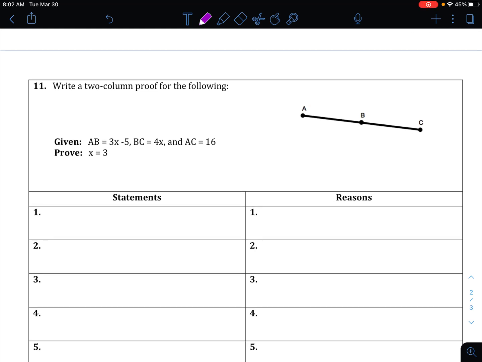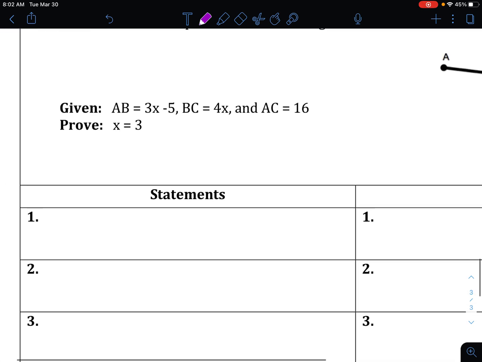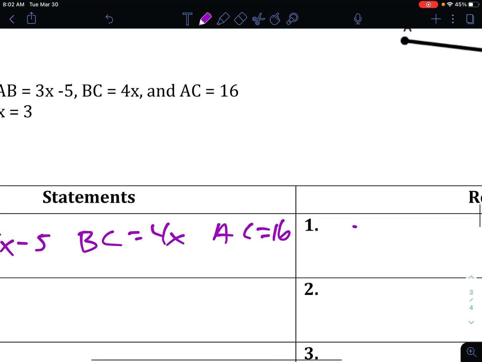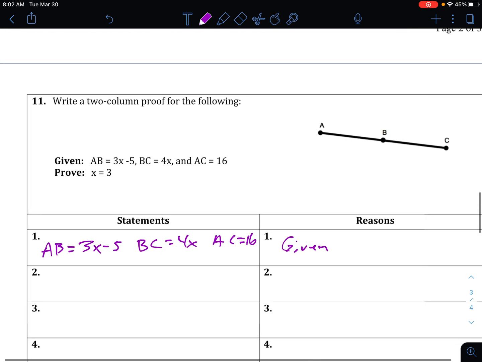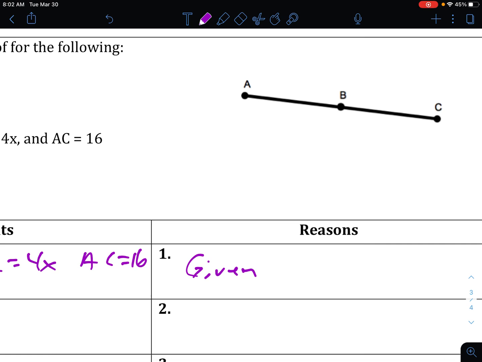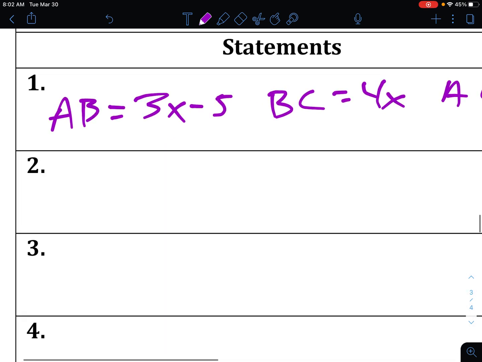All right, so we're given, in this case, AB is 3x minus 5. BC equals 4x, and AC equals 16. That's given. Well, what do we know? We know AB plus BC equals the whole length of AC, and that was the segment addition postulate.